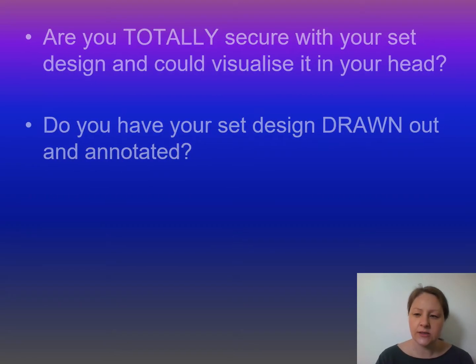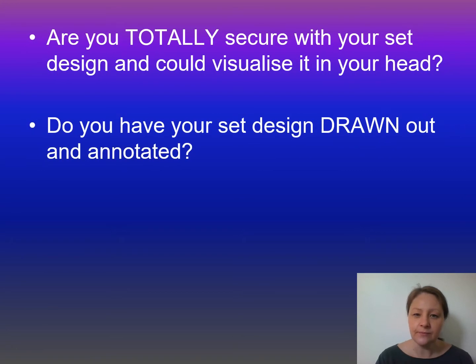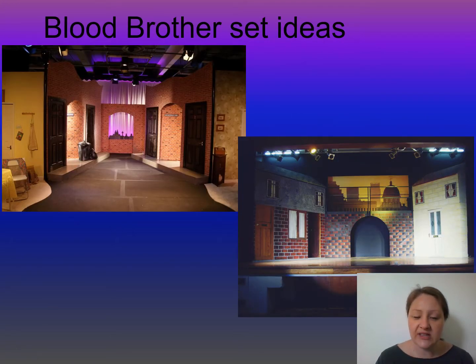Okay, so your set ideas might fall around these kind of images. The one at the bottom is the one I tend to usually use as my example. You've got a real difference between the rich side and the poor side.